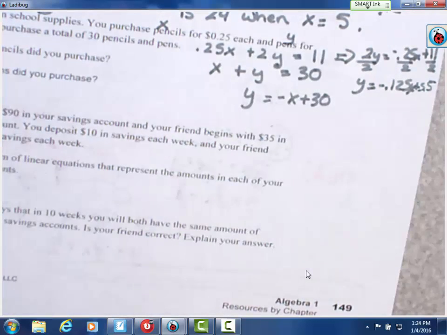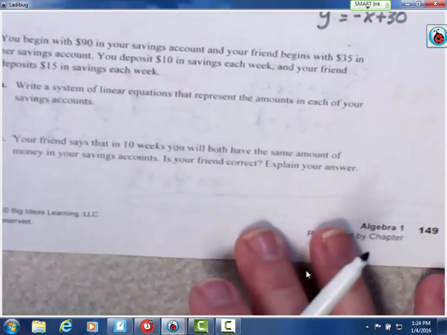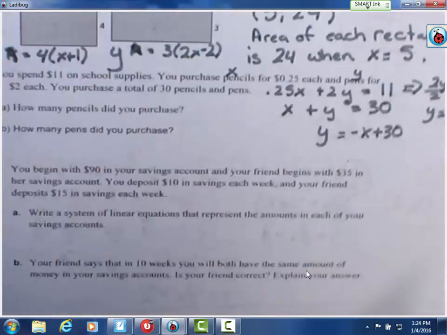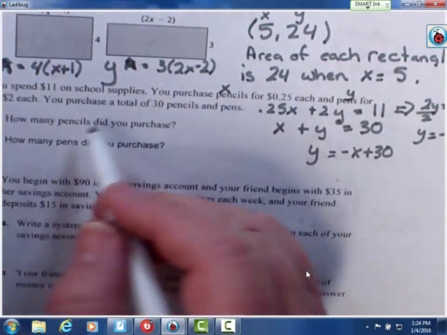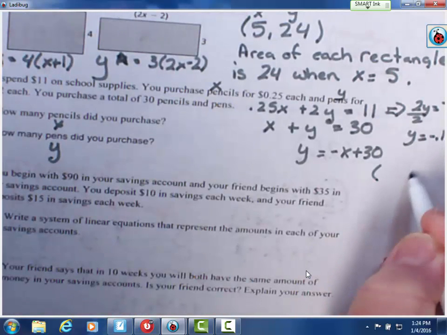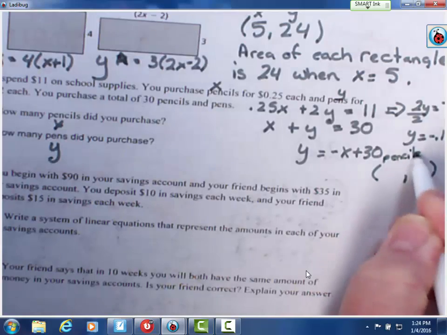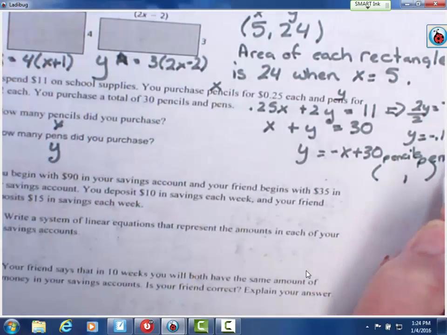So I have my two equations. I could place those in my calculator and find their intersection point. Okay. Remembering, before we go on, pencils was our X and pens was our Y. So when we get our coordinate, this is our number of pencils and this is our number of pens.